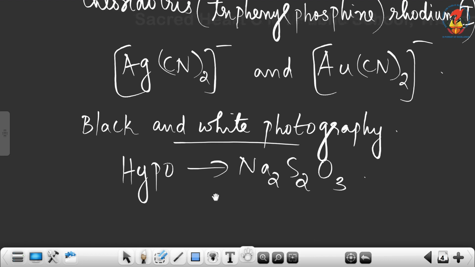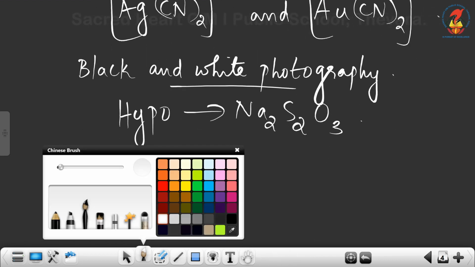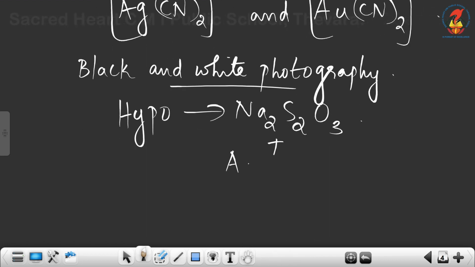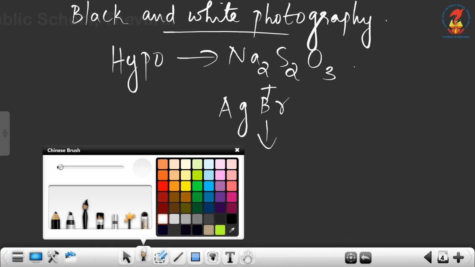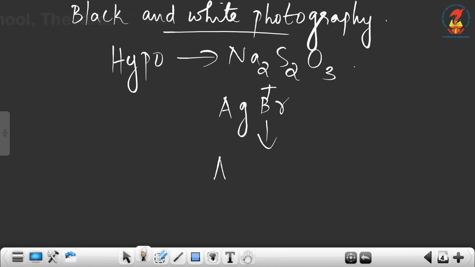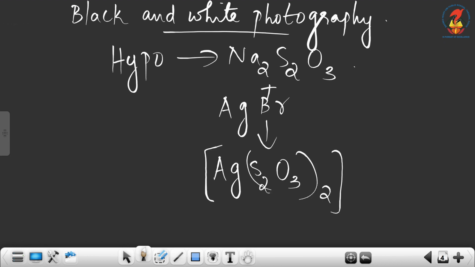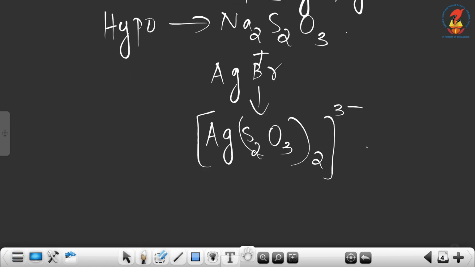Hypo solution is sodium thiosulfate, that is Na2S2O3, and the sodium thiosulfate will form a complex with silver bromide, and the formula of the complex formed is [Ag(S2O3)2]3-.